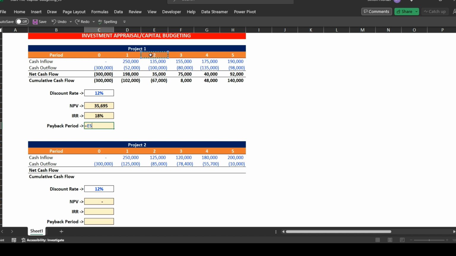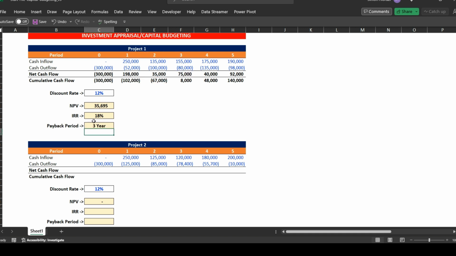So we click on year 2 there, plus then we pick the absolute of the ratio of the closing cumulative cash balance divided by the year in which there is a cumulative cash balance, which is the net cash generated for that year. Let's close the bracket here and hit enter.